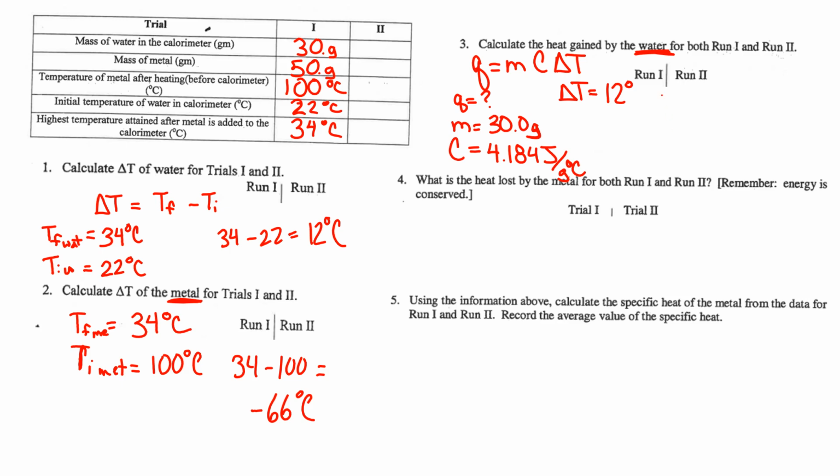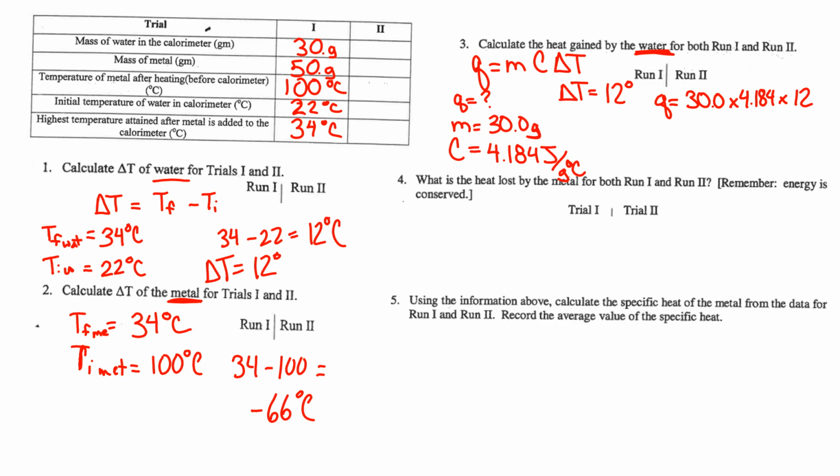So I plug it in. You're going to plug in whatever number you got right there, because that's for water. So delta T for water for me was 12. Whatever you got between your highest temperature water and your lowest temperature water.